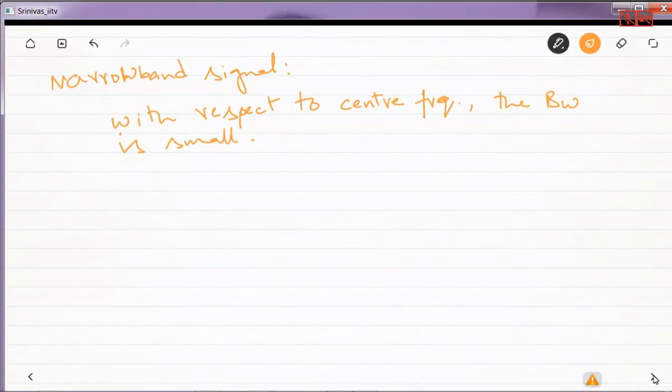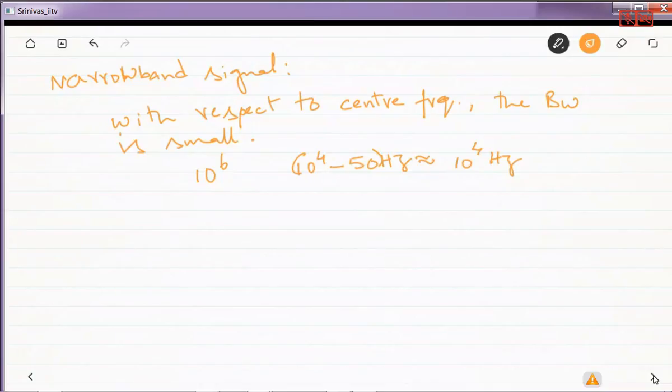So here, what is the center frequency for us? 10 power 6. And what is the bandwidth? 10 power 4 Hz minus 50 Hz is the bandwidth, so approximately you can say 10 power 4 Hz.